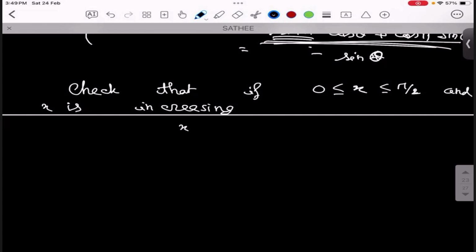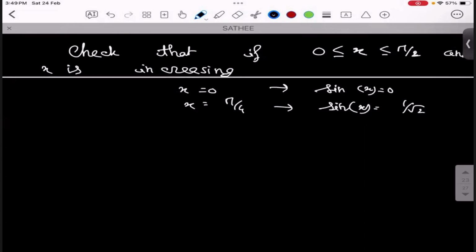If x equals pi by 4, sin x is 1 by root 2, and if x equals pi by 2, then sin x equals 1. So whenever x is increasing from 0 to pi by 2, sin x is also increasing.